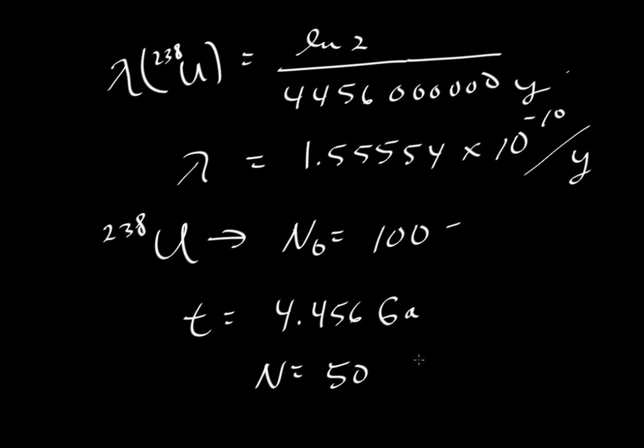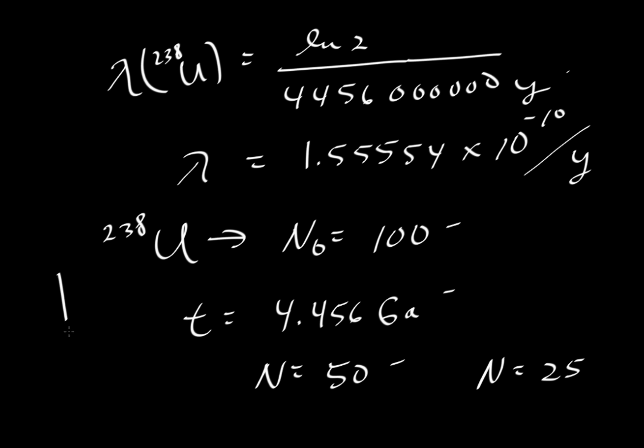So we'd start out with 100, we've gone through one half-life, and then we would have 50 left. If we went through 2 half-lives, which is pretty close to 9 billion years, then we would have about 25 left, and so the number of atoms would keep being cut in half over and over again.